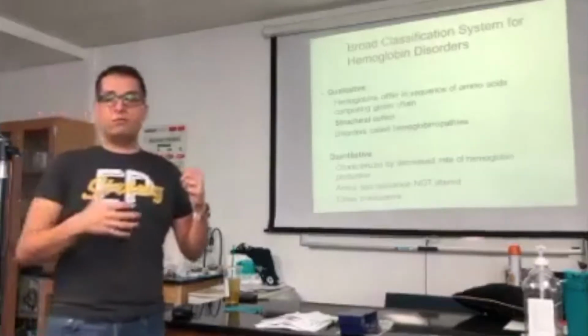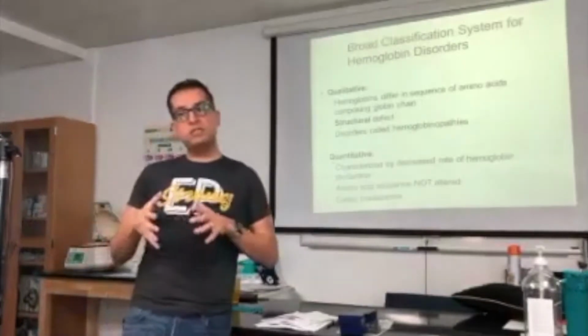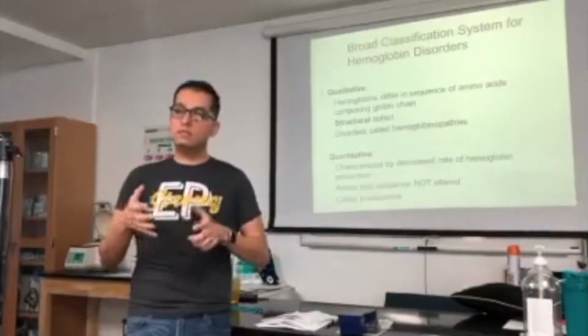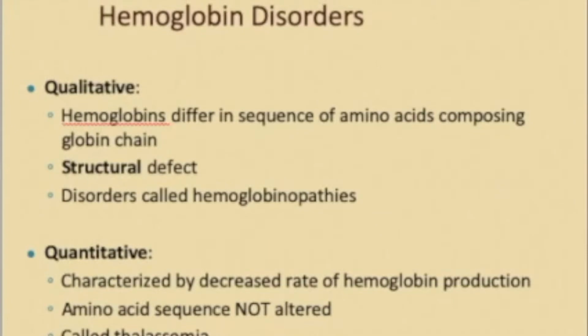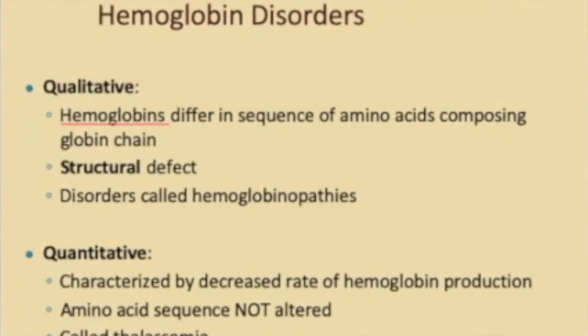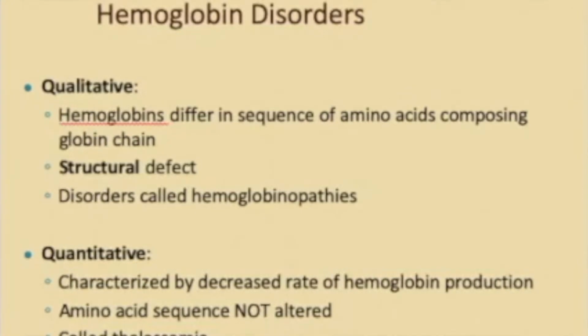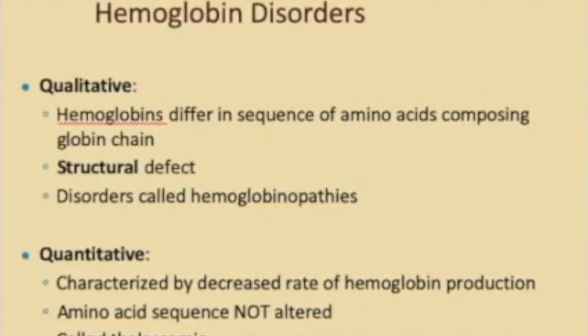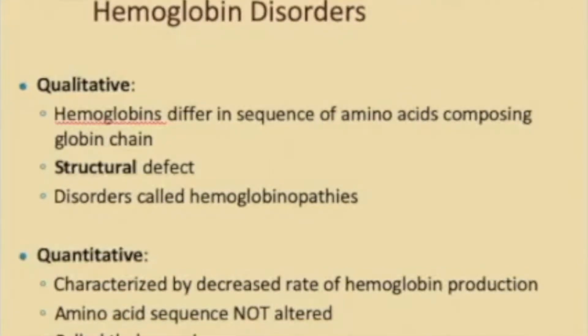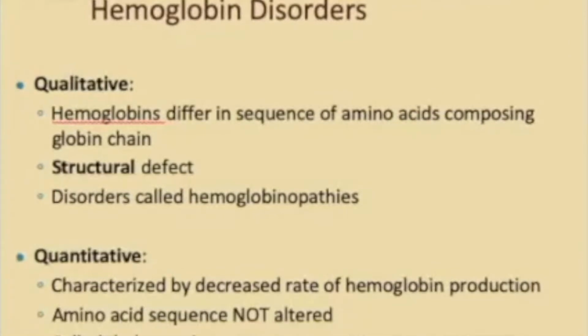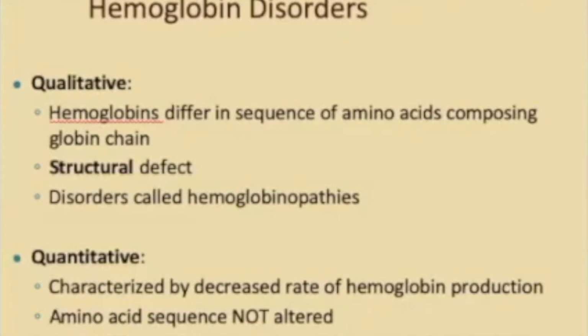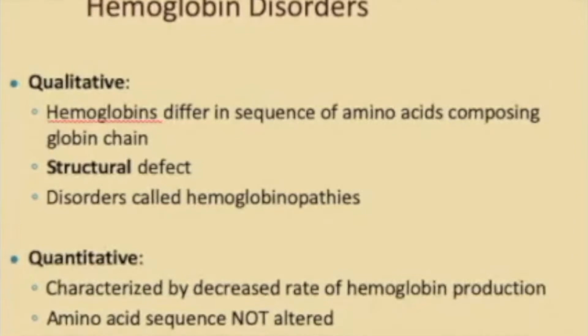Just like I was saying, we can basically put these hemoglobin disorders into two main distinct categories. We can put them into the category of qualitative disorders, which is what we refer to as hemoglobinopathies, and again, there's something structurally wrong with the hemoglobin. Then we also have the quantitative disorders. For some reason, there's something wrong with the synthesis of the chains.